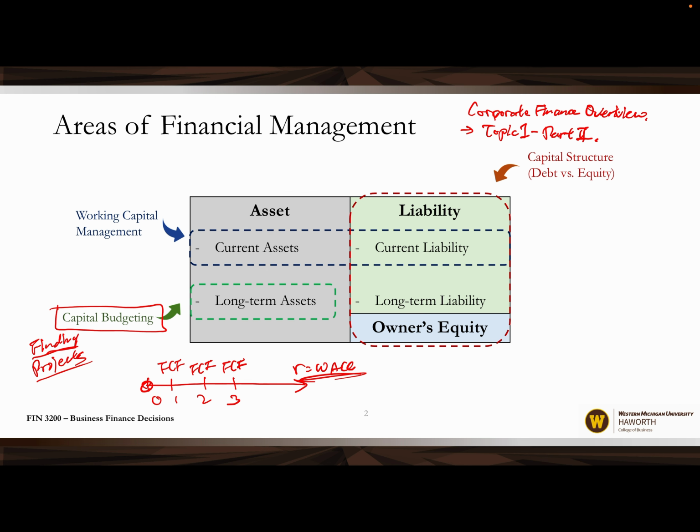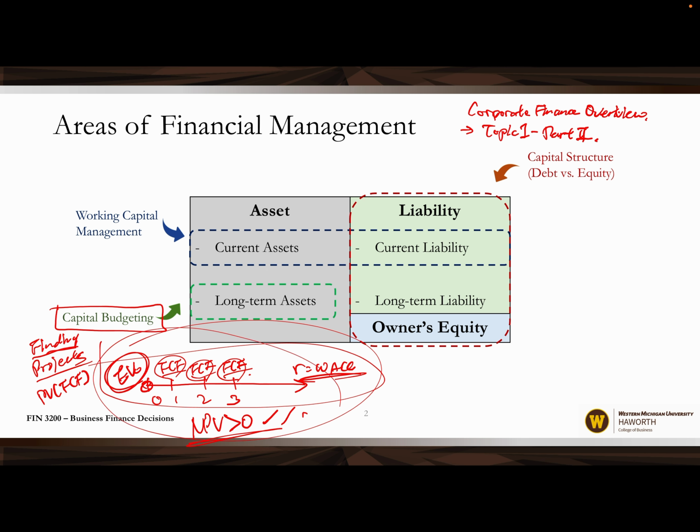And the present value of free cash flows, if you recall, gives you the enterprise value, right? So maybe it was an ice cream business or a furniture store or a Domino's branch, whatever. Okay, so capital budgeting is this, and if the NPV is greater than 0, you accept the project. Okay? That was the investment decision rule, right? This whole process is called capital budgeting.